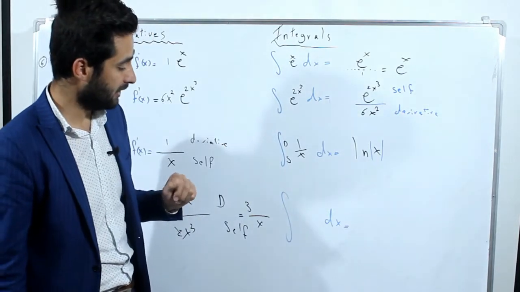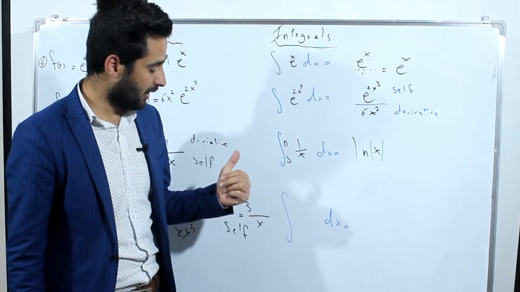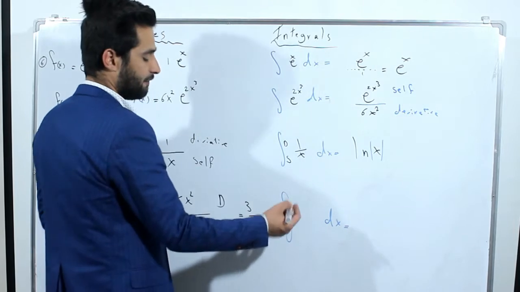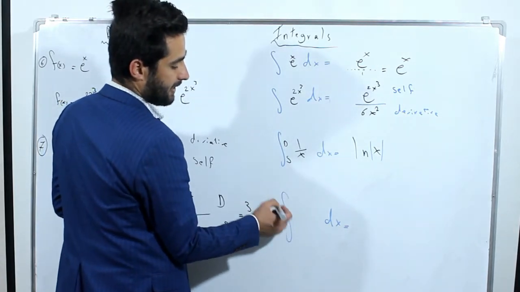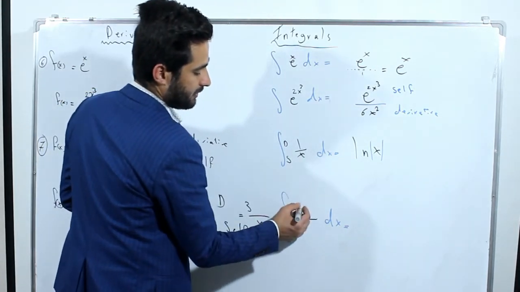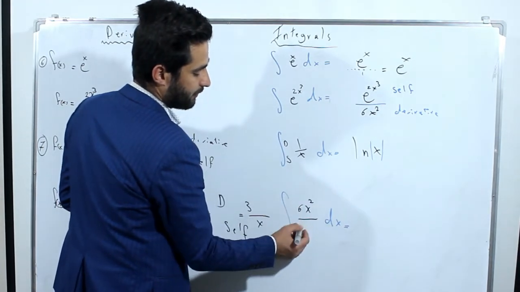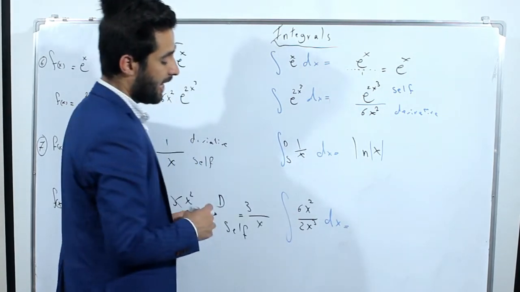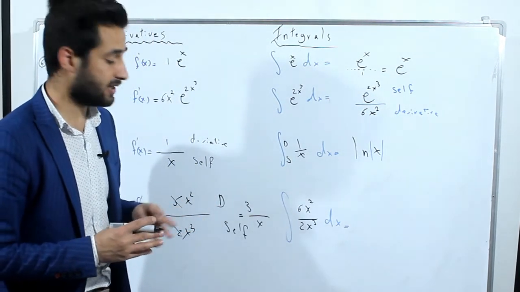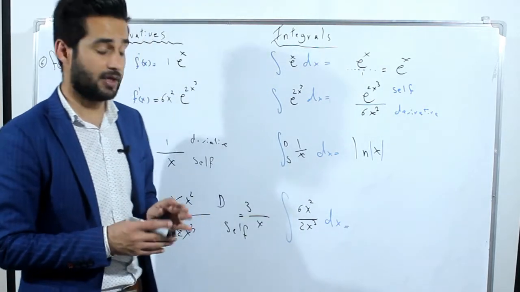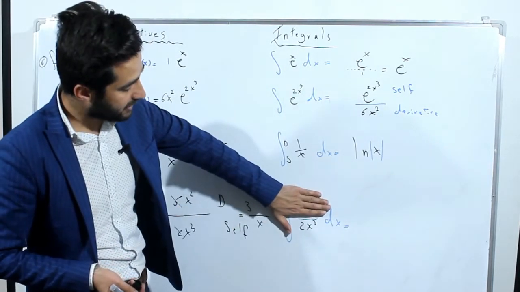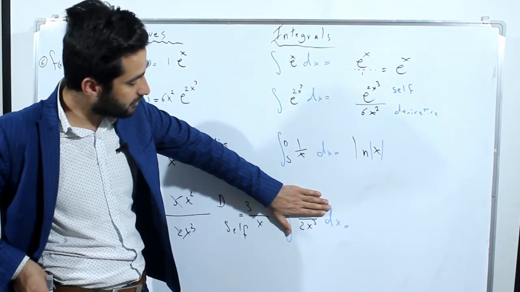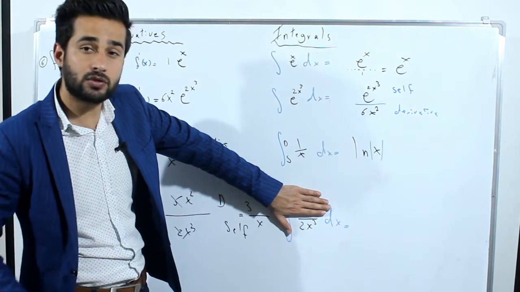How about another function that we have? For example, let's say here we have 6x to the power of 2, and here we have 2x to the power of 3. How can I know what the integral of this is? Can we say the derivative of the denominator, 2x cubed, is equal to 6x squared?